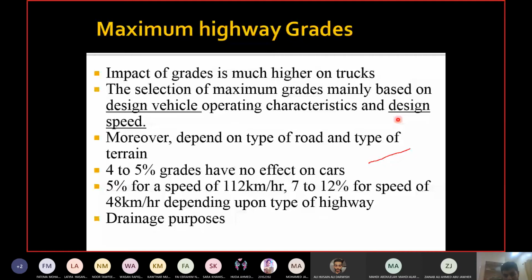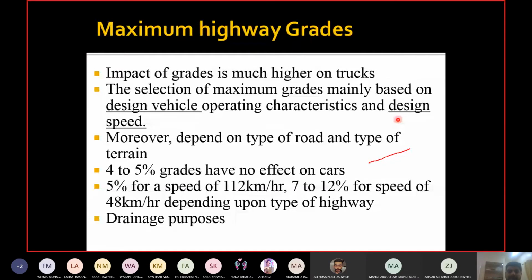So even on downward gradients, heavy vehicles have a problem, because they will not be able to brake safely if something comes in their way. So gradients are greatly affected by the heavy vehicles, or heavy vehicles are greatly affected by the gradient.